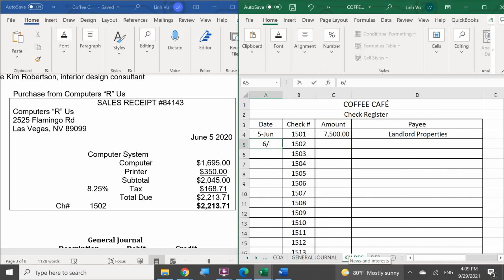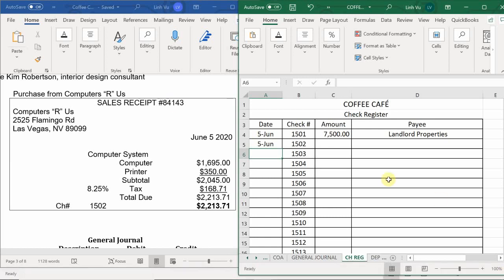It's now check number 65, right? How much did I write the check out for? 2213.71. Good. Who did I write this check out to? Computers R Us. That's the company we wrote the check out to. So in this case, what check number did I use?